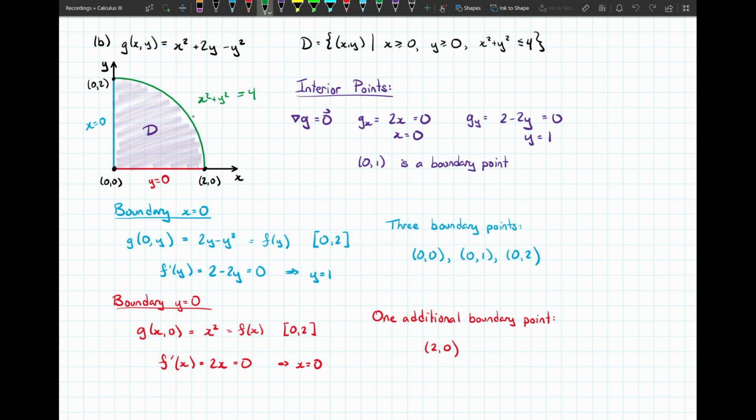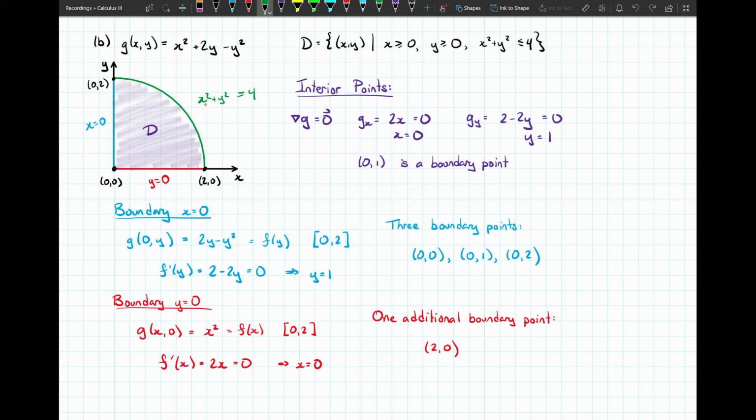But we have to deal with this final boundary, x squared plus y squared equals 4. And as you can tell, the goal has been to take that equation of one of the boundary curves, they were lines so far, but we'll need to substitute that into our function so that we can eliminate a variable, reducing the number of variables to just one variable, which is much easier to look at derivatives and endpoints.